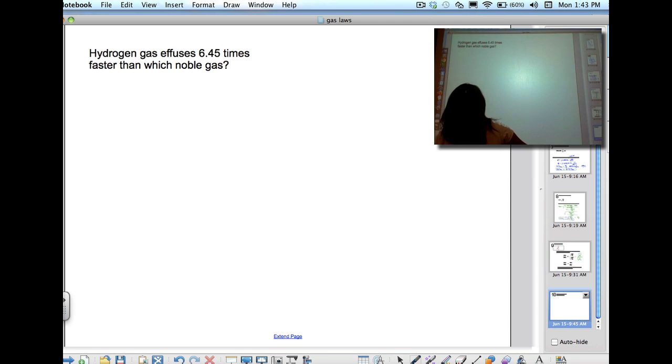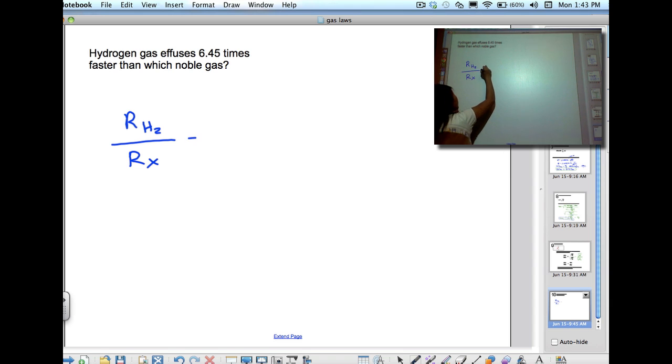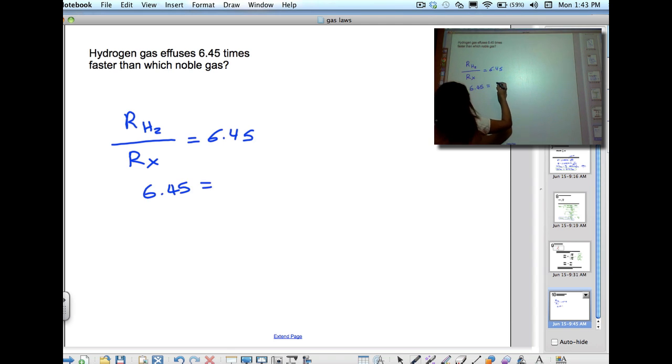Well, so you have the ratio of the rates, so the rate of hydrogen over the rate of your unknown would be equal to 6.45, but that means that the 6.45 is just equal to the square root of the molar mass of X over the square root of the molar mass of hydrogen.